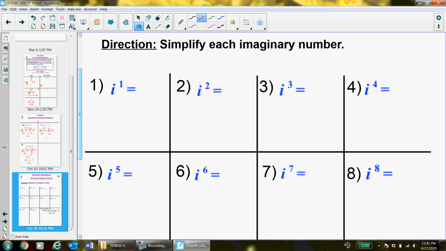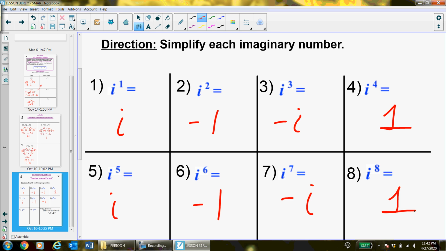So i to the first power is just i. i squared is negative 1. i to the third is negative i. i to the fourth is positive 1. i to the fifth is i. i to the sixth is negative 1. i to the seventh is negative i, and i to the 8th is positive 1.